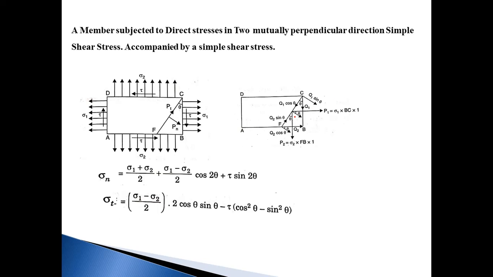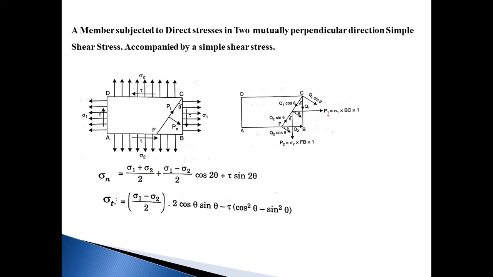P1 gives P1 cos theta and P1 sin theta, and P2 gives P2 cos theta and P2 sin theta.